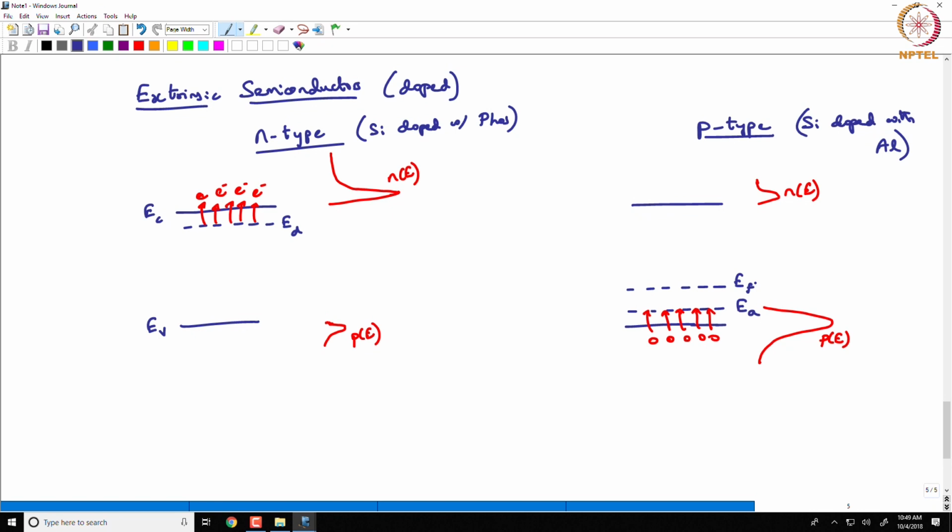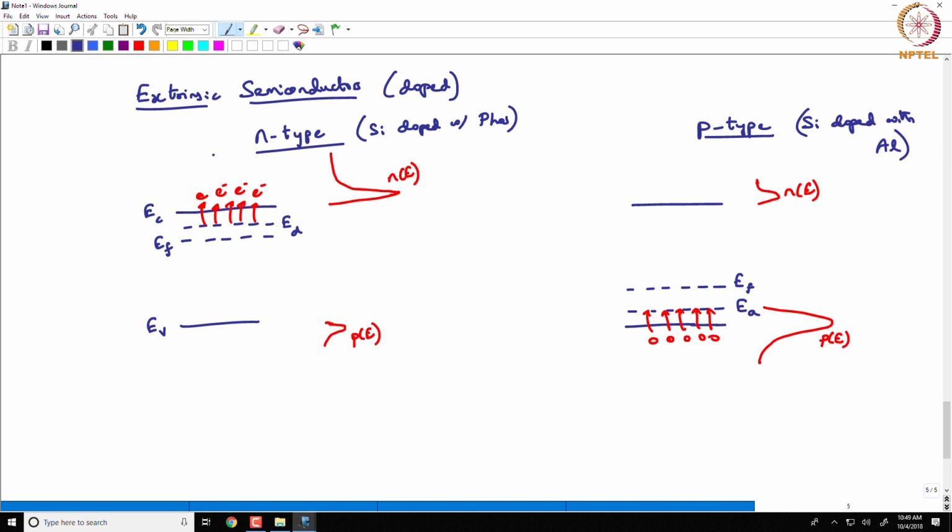But now with an extrinsic semiconductor, the Fermi energy moves up or down depending upon the kind of dopant that you have. So, here the Fermi energy is going to be like this, okay. So, then you have a larger probability of finding an electron in the conduction band in the N-type semiconductor, and a larger probability of finding holes in the valence band as far as the P-type semiconductor is concerned, okay.